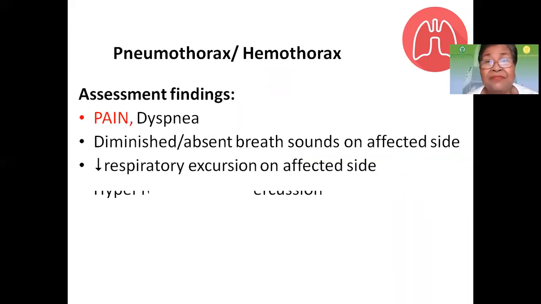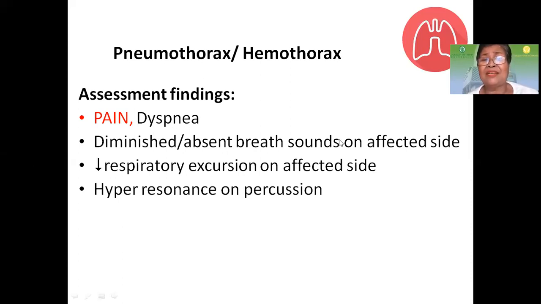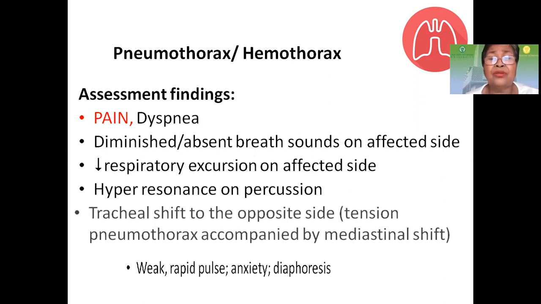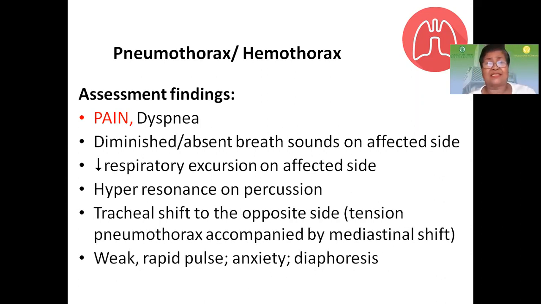And what are the assessment findings? Definitely there'll be pain. No? There'll be dyspnea. There's diminished or absent breath sounds on the affected side. Decreased respiratory excursion on the affected side. There is hyperresonance on percussion pag pneumothorax. And hemothorax is dullness.